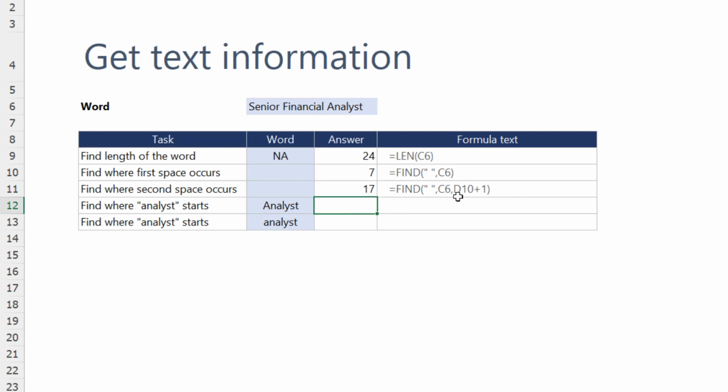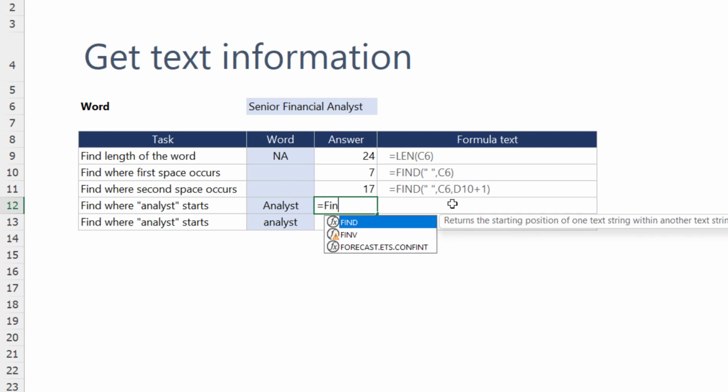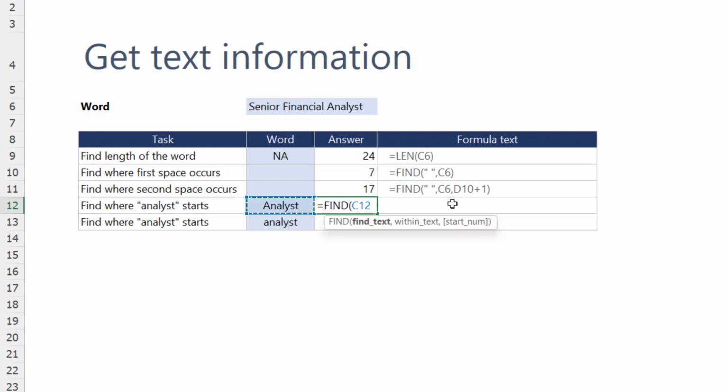Just like the FIND function, we also have one more function called the SEARCH function. The difference between a FIND function and a SEARCH function is that the FIND function is case sensitive while the SEARCH function is not case sensitive. So for example, if I were to find out where the word Analyst starts, C12 has the word Analyst, and I'm going to say where does the word Analyst come in cell C6, I'm going to get the answer as 18. 18 here indicates that the word Analyst starts at the 18th position.